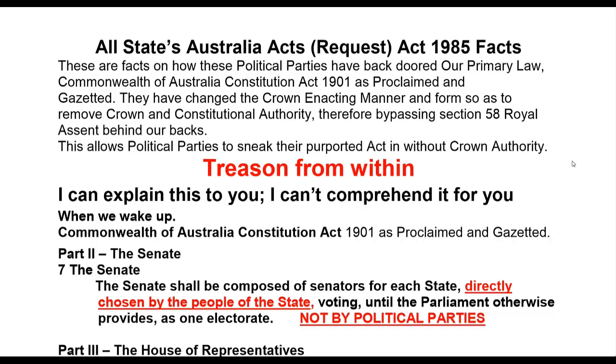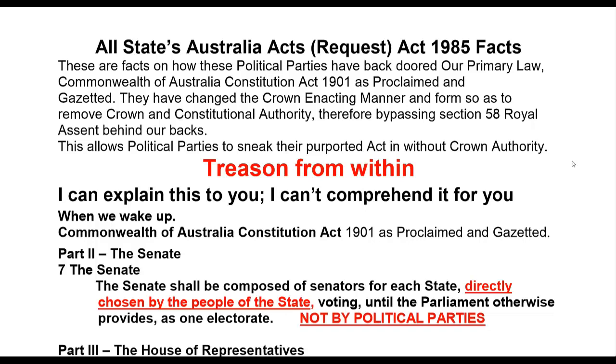Let's get into it. All States Australia Acts Request Act 1985 facts. These are facts on how these political parties have backdoored our primary law, Commonwealth of Australia Constitution Act 1901 as proclaimed and gazetted.